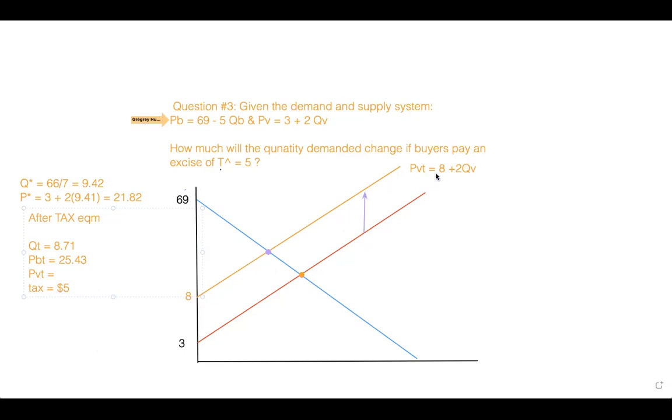If we're going to use the supply curve, we have to use the effective supply curve with the tax. So it's going to be 8 plus 2 times 8.71, and I think the 25.43 might actually be the P_S^T, and 21.35.